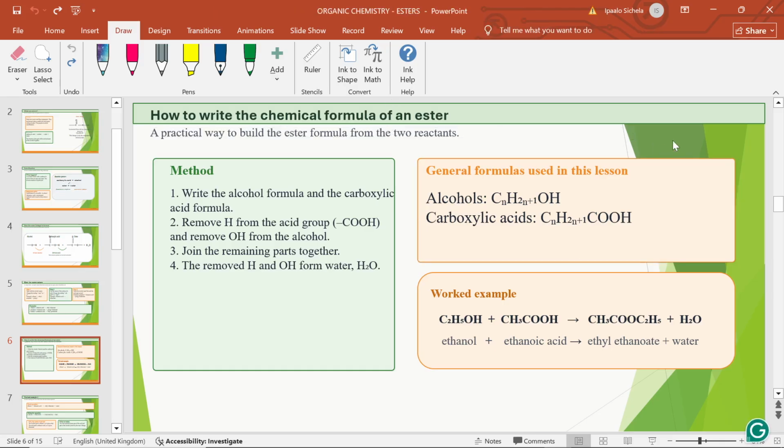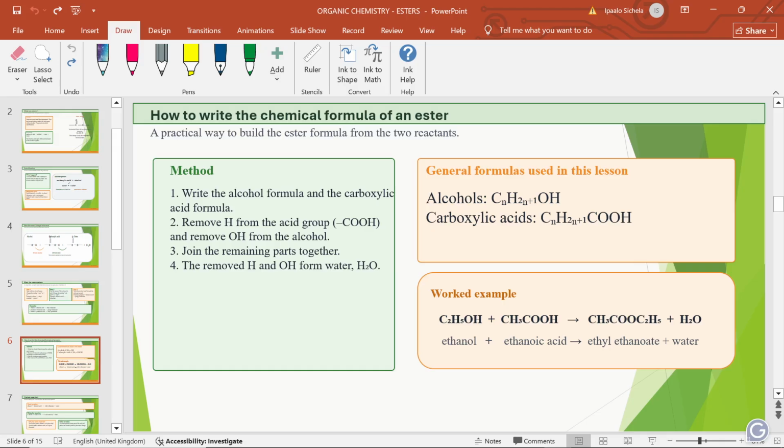But what really happens is that the alcohol will lose hydrogen while the carboxylic acid loses hydroxide. Then the hydrogen will combine with hydroxide to form water. So this is just helping you know how to write the chemical formula of an ester.